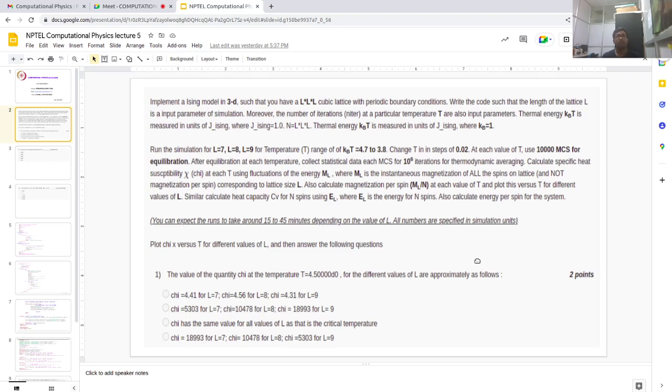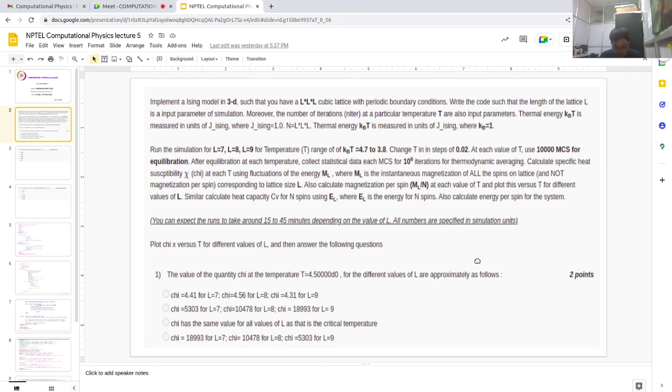For a particular temperature, you can also vary the temperature range from kBT equals 4.7 to 3.8. You need to change the temperature in steps of 0.02, and at each value of T you have to use Monte Carlo simulation 10,000 times for equilibration.